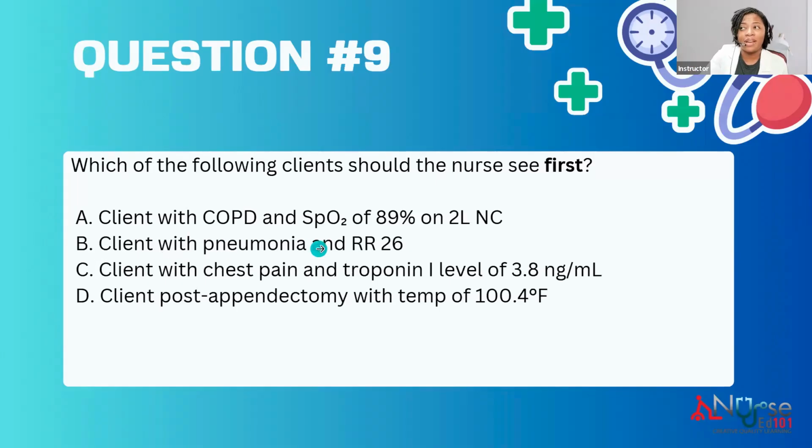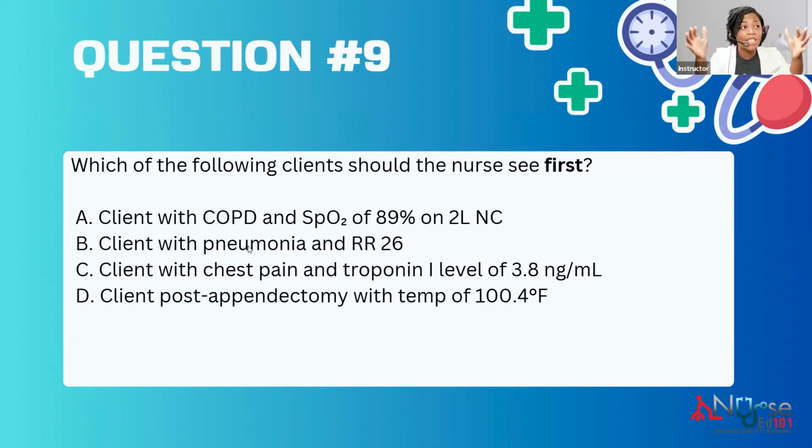All right. B, client with pneumonia and a respiratory rate of 26. Now, do we expect that for a patient who has a respiratory condition such as pneumonia? It's an infection, characterized by exudate, secretions, mucus, all of that. That means that the patient's lung area is compromised a bit.